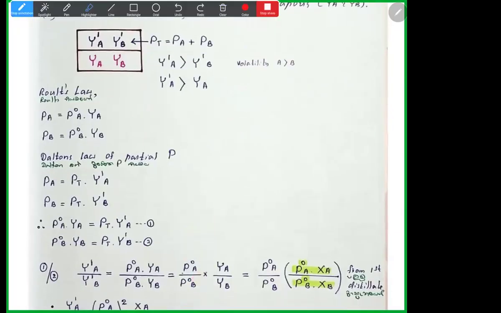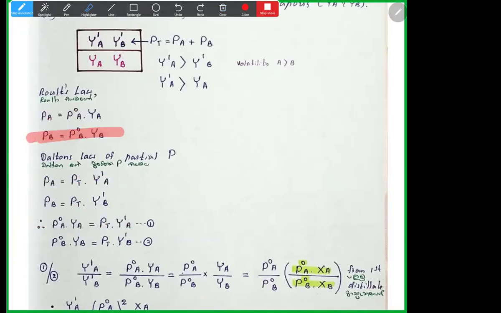Now I'm going back with the same calculation. So PA equals P naught A, but now you have YA here. P naught B, now you have YB here. This is the liquid phase. So that I can write for vapor phase according to Dalton's law: PA equals PT into YA prime. PB equals PT into YB prime. Again, this PA and this PA are equal to each other.